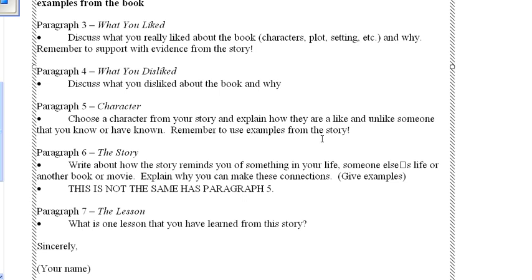So, for instance, if I was to take the story that we read at the beginning of the year, United We Stand, or Together We Fall, or you remember the story, the Twin Towers, maybe the character reminds me of one of you in the class. He wasn't really paying attention at the very beginning of the book, was kind of looking at the girl, and that reminds me of a person in the class.